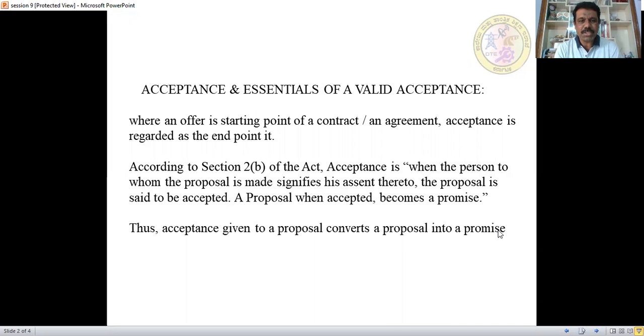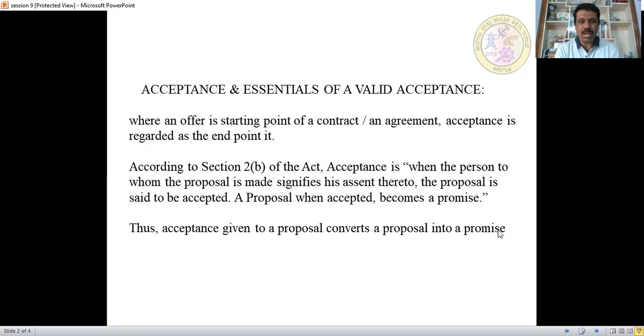Thus, acceptance given to a proposal converts a proposal into a promise. Acceptance is the willingness of the other party that he has accepted the proposal made by the proposer, the offerer.